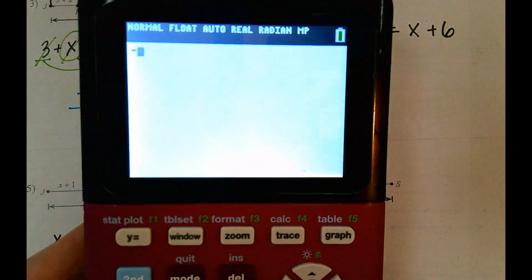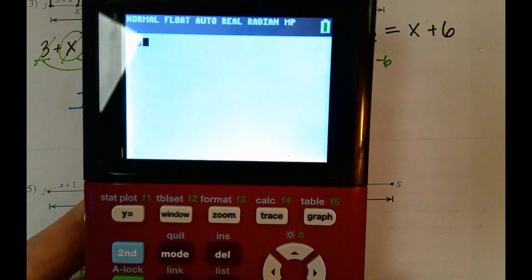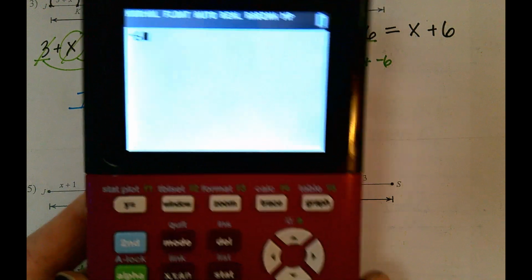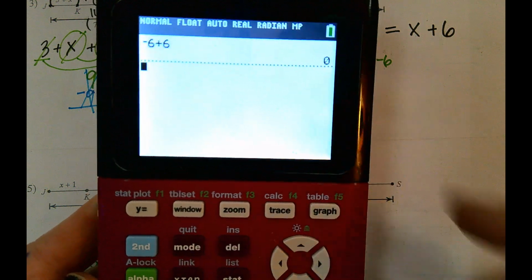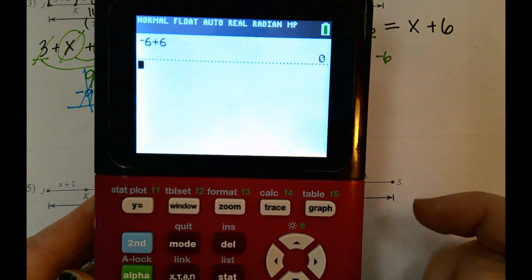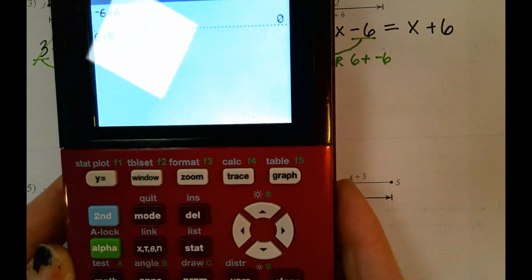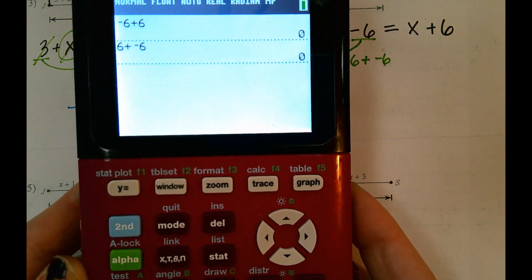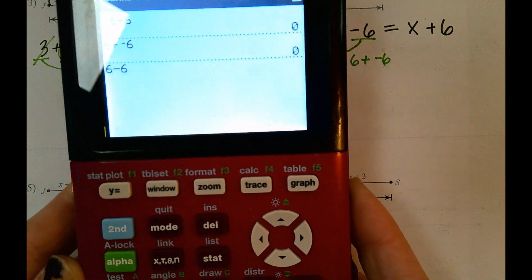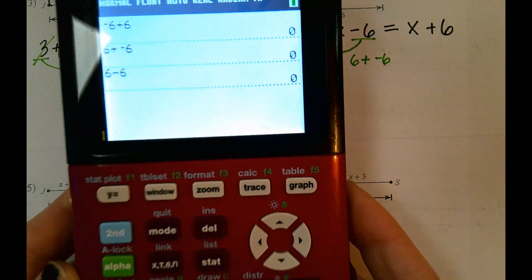So there's -6. There we go. If I add that to 6, I get 0. Or 6 plus -6, that's also 0. 6 minus 6, that's also 0.